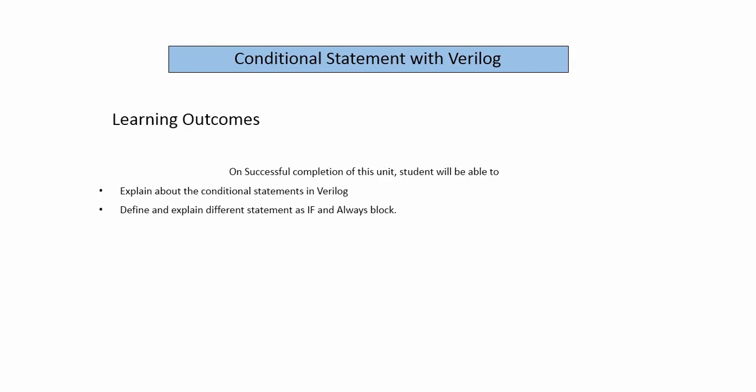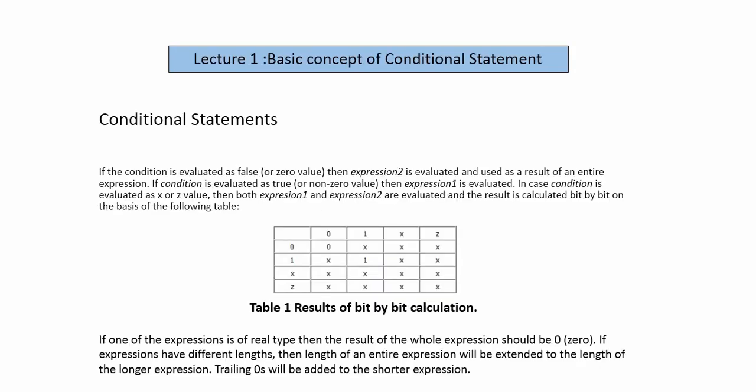Conditional statements are those statements which provide the result in zero or non-zero form. If the condition is true or satisfied, then the statement will give us a true or high value. Condition satisfied means high, and condition not satisfied, meaning condition false, means zero.